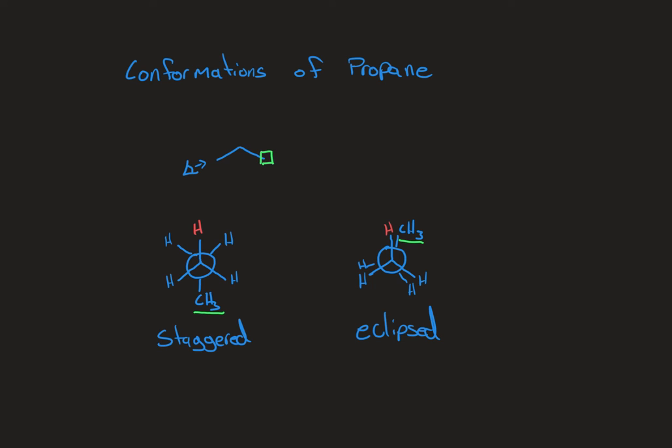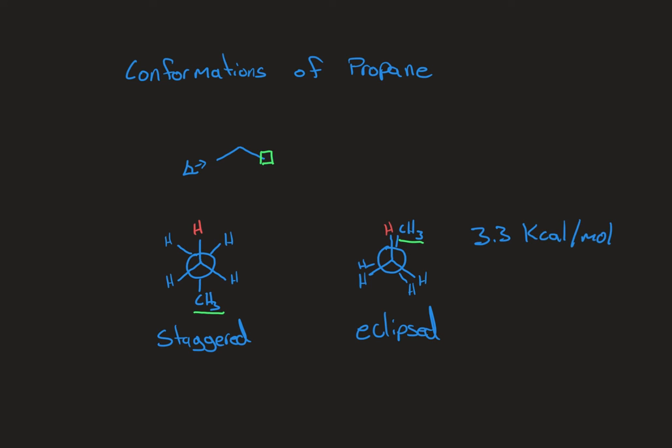When we're thinking about the energy costs of being staggered versus eclipsed, the size of the substituents matters. So this methyl group is bigger than a proton, and so this costs propane about 3.3 kcals per mole to be eclipsed versus staggered. If you recall in the last slide for ethane, we noticed that each hydrogen being eclipsed was worth about 1 kcal per mole.